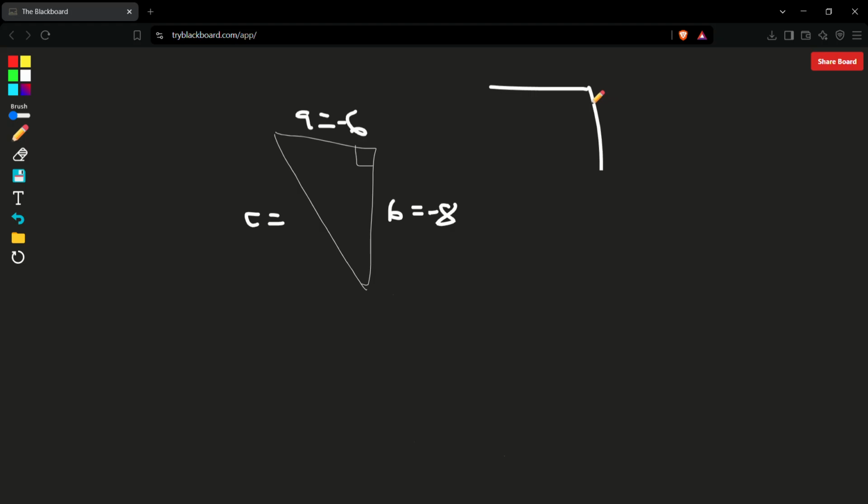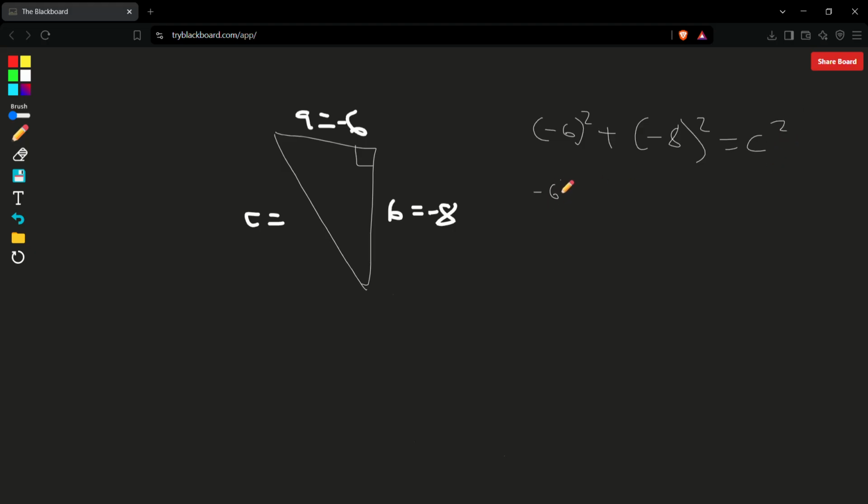Because in the normal quadrant, let's say quadrant 1, the positive side is in that way for the x value, and the y value heads up. That's where the positive values are. So let's try to solve this. c squared. Okay, this is why I told you to use parentheses, because you could be doing it wrong. Why?